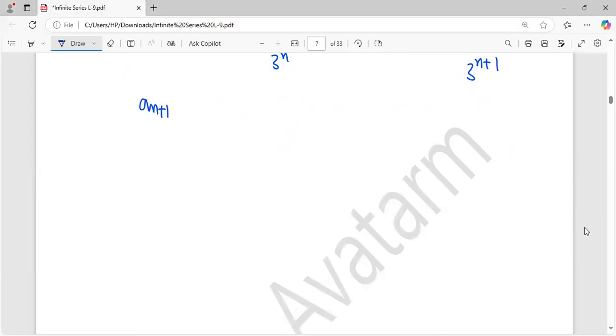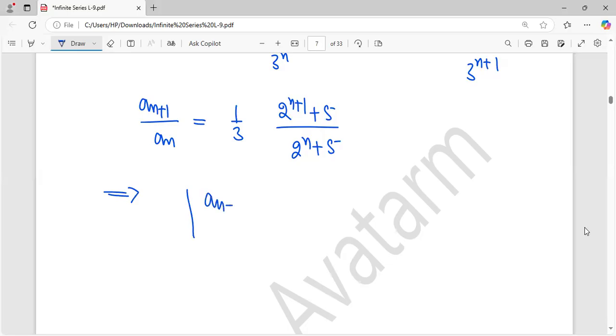Now what is a_{n+1} upon a_n? What is this? By solving, you will get this one. So this implies a_{n+1} upon a_n, this is 1 upon 3, because this is a positive thing.